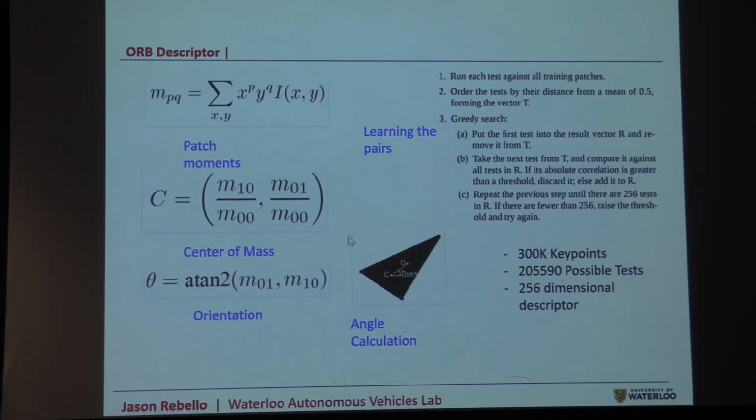So let's assume that this was the patch under consideration. O was the point that the FAST detector returned. By calculating these values, we reach a point C. Now we can calculate the angle of the vector that goes from C to O with the horizontal. By calculating and storing this angle, we now get the dominant orientation of that particular patch.